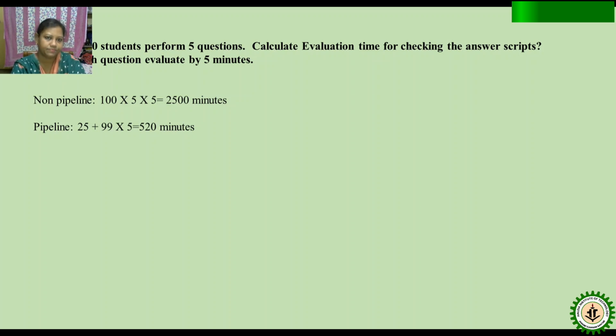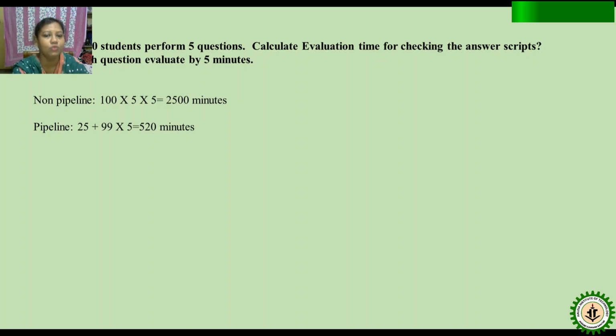If there are 100 students and 5 questions, each question requiring 5 minutes, then in a non-pipeline structure, suppose I am the teacher, I evaluate one answer script with each question taking 5 minutes.